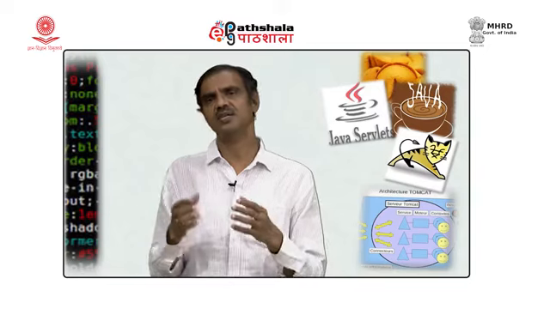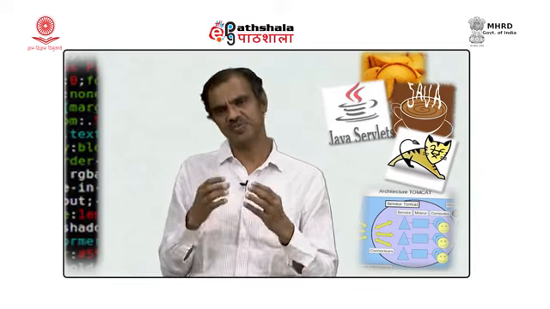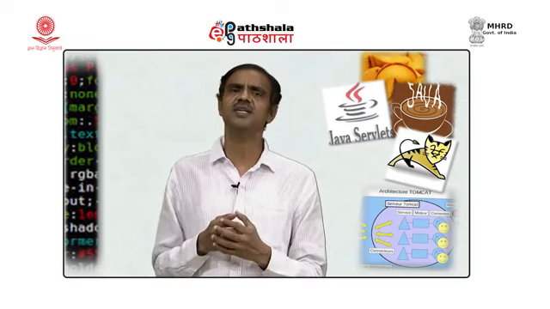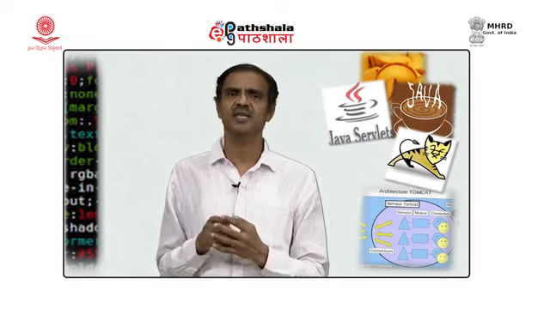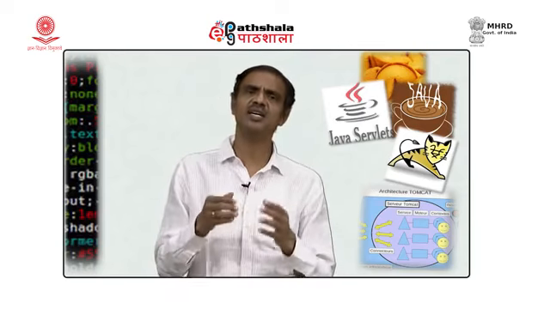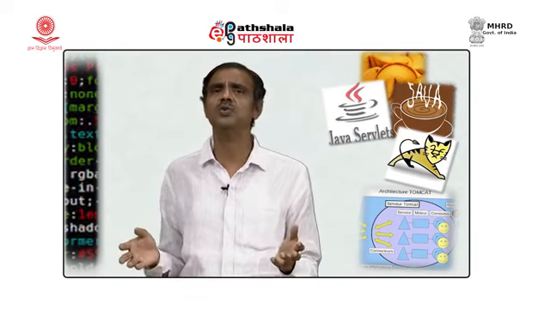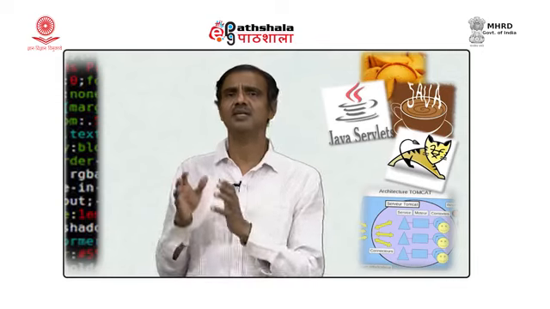We have the Java Enterprise Edition. Everything here is in terms of specifications. What are the various requirements of an enterprise application? There are common requirements which have nothing to do with the domain for which the application is developed.